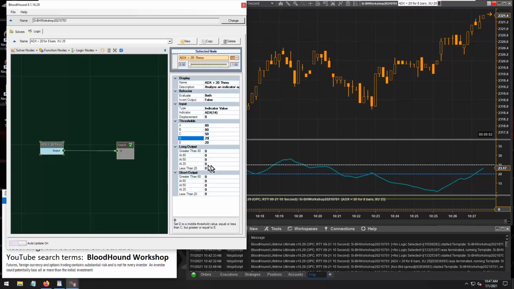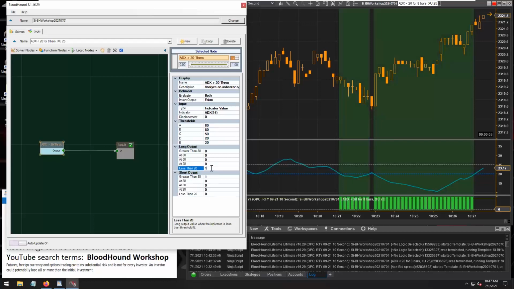All right, so now for the outputs, we're going to generate a long output when that ADX is below 20, or if the ADX is greater than 80, we'll generate a short output. Okay, so there we go.